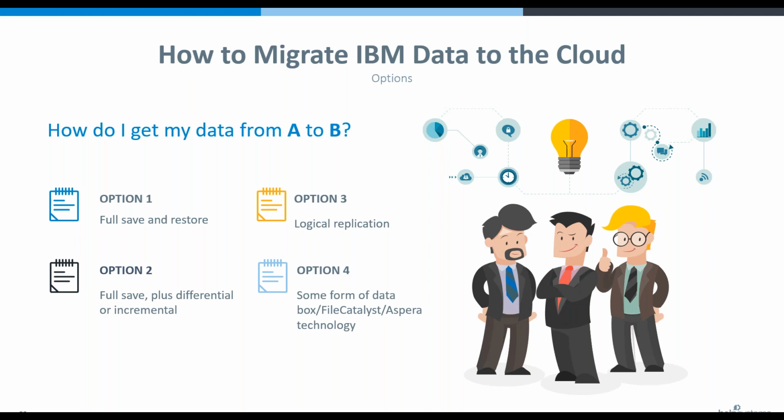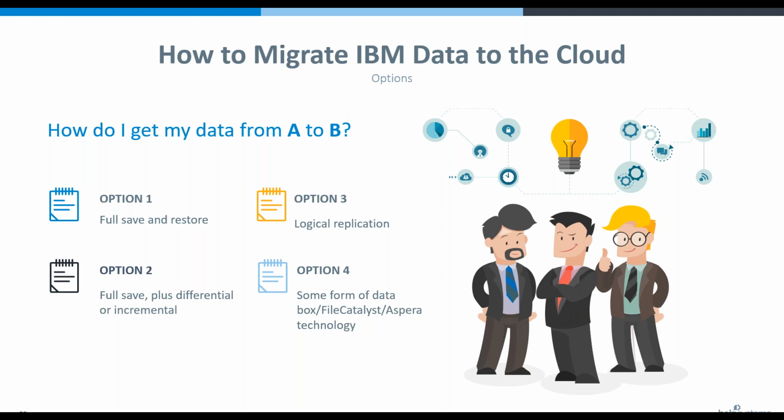Another option people will mix in would be logical replication, using that technology where you set your starting point and then the changes, or deltas, are being sent every nanosecond that the system's running up to the cloud server to keep it intact, applying the changes over there. And then the fourth thing people use is some form of a data box.